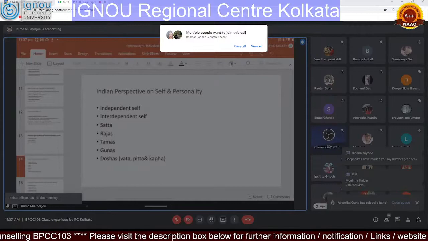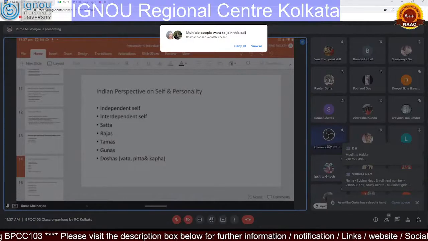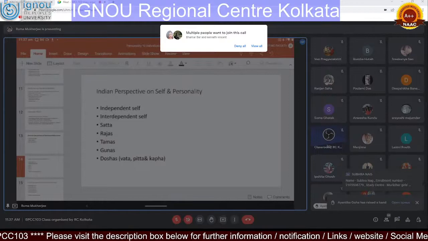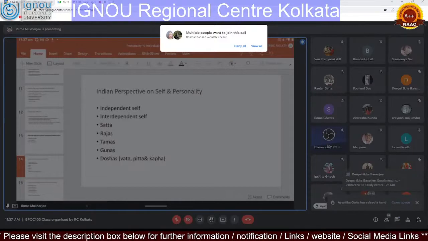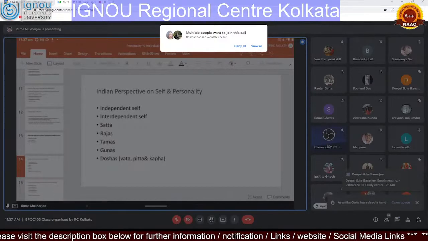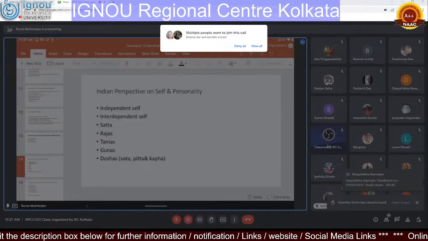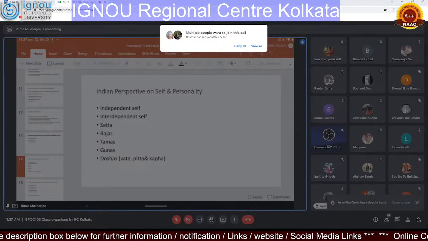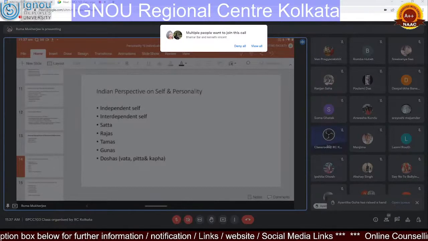Then pitta relates to fire and water. Fire means anything that is action oriented or which is hot, that you all know are the characteristics of fire. And water, just the opposite of fire, that means calm, cool. So this is what relates to the pitta.